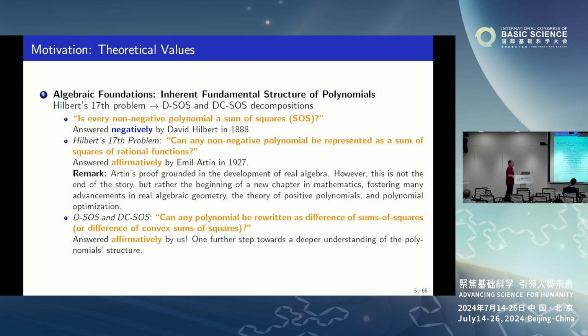This was proposed as a bold conjecture by Minkowski during his PhD defense. David Hilbert was one of his examiners, and he was convinced that maybe there exists a special case where a non-negative polynomial cannot be written as a sum of squares, but he could not find any example.